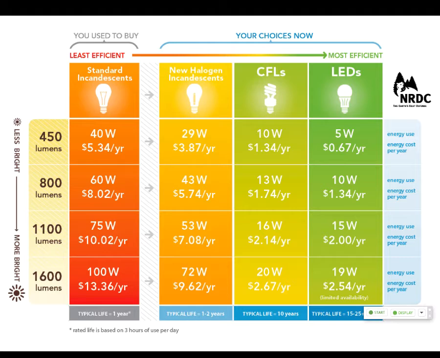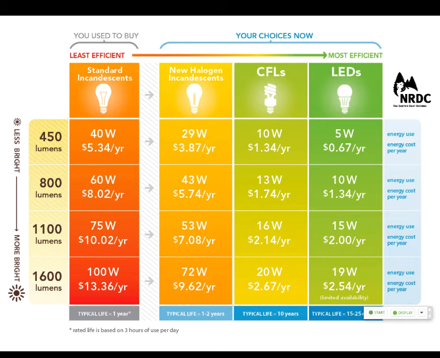So for this brightness, this is your standard light bulb that we all used like a decade ago, when light bulbs were inefficient and they could start fires. So this is 40 watts, this is 60 watts, 75 watts, 100 watts. This is the actual brightness in lumens, which is a different unit. So this is going to be 1600, this is 450.